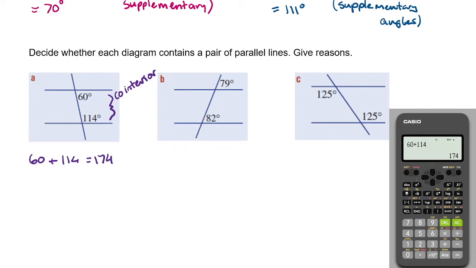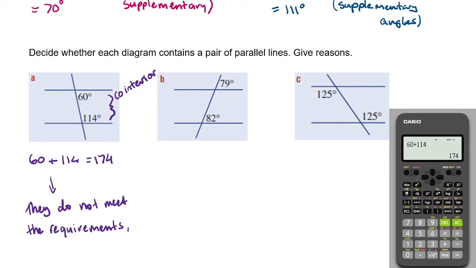So what we can say there is that even though they are co-interior angles, they do not meet the requirements. So no, they are not parallel.